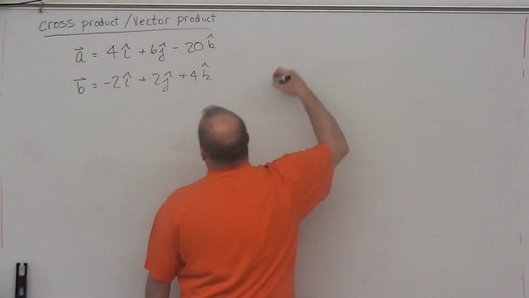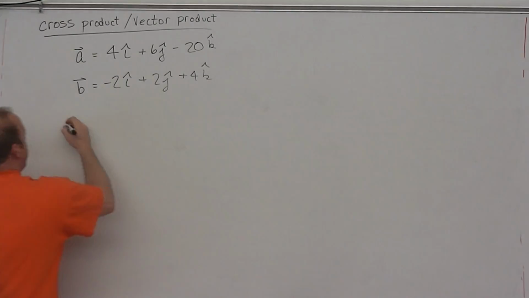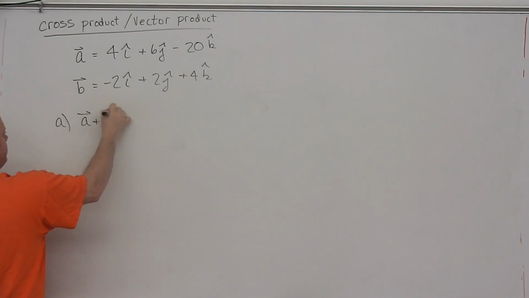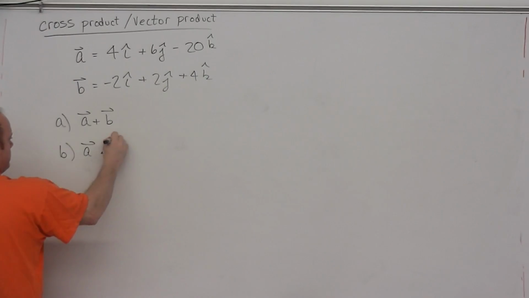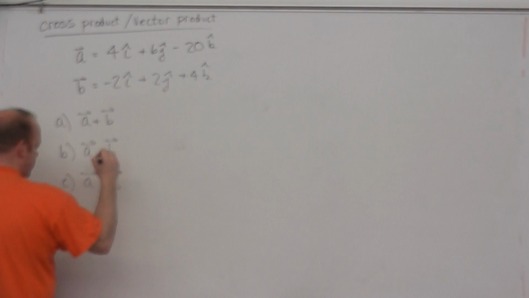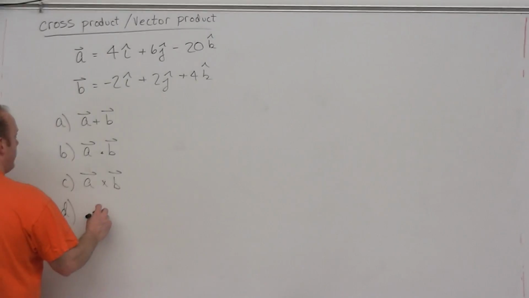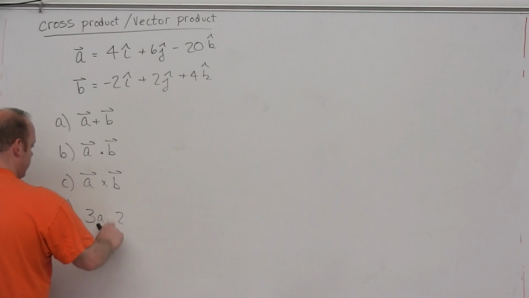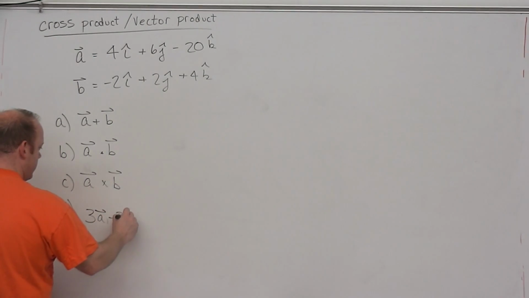I want to know what A plus B is. It's pretty straightforward. I want to know what A dot B is, and what A cross B is. I also want to know what 3A minus 2B is.